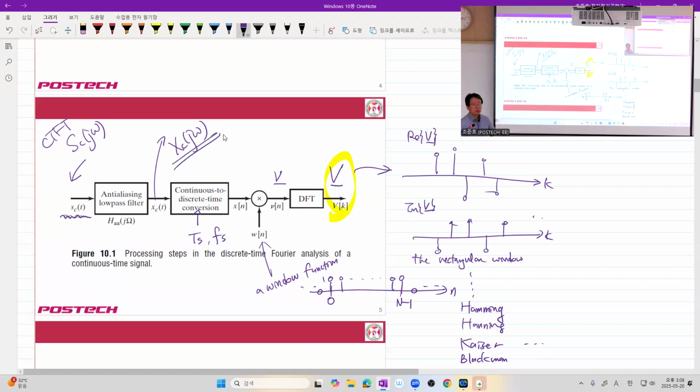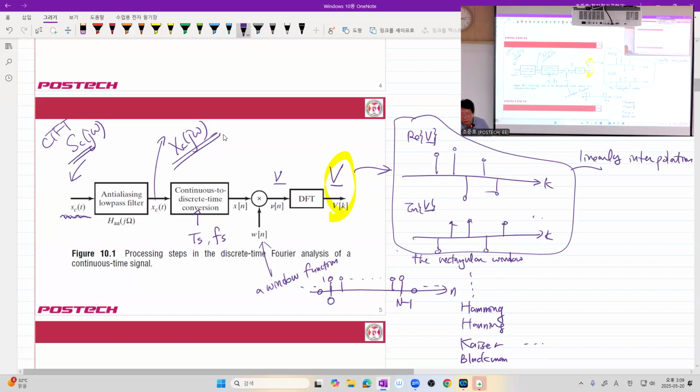We wanted to, for example, visualize the CTFT of X of C or S of C. So our textbook naturally says that, okay, let's illustrate this one and also the linearly interpolated version of the vector, and you will see something like this. So it's like in MATLAB, you use the stem function and just the plot function here.